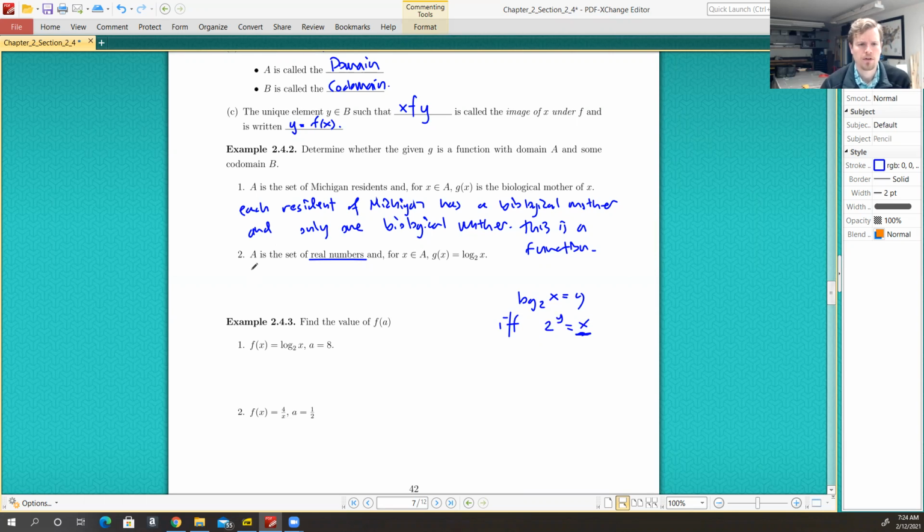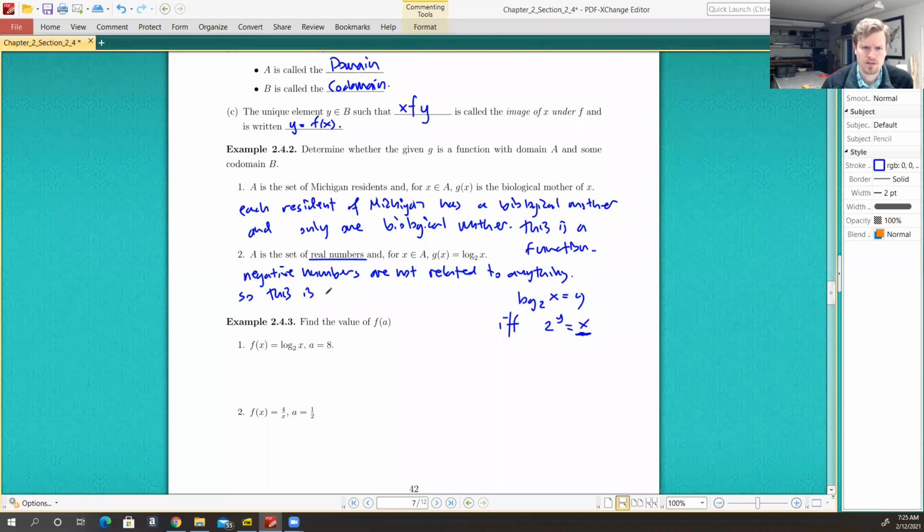Okay, so negative numbers are not related to anything. So this is not a function on all real numbers.